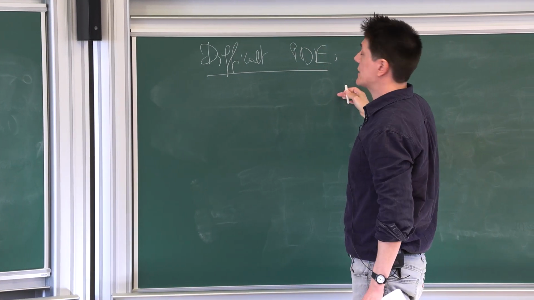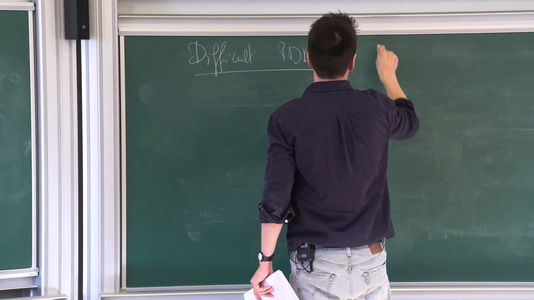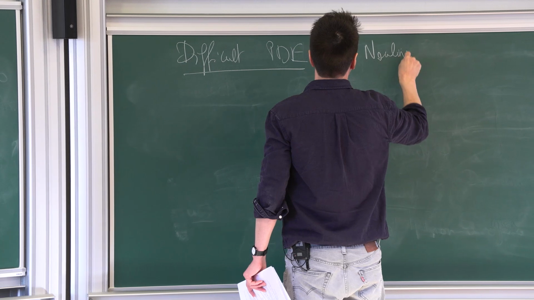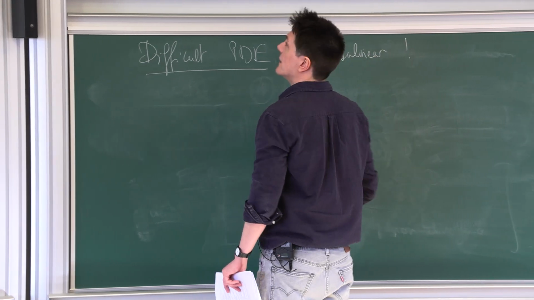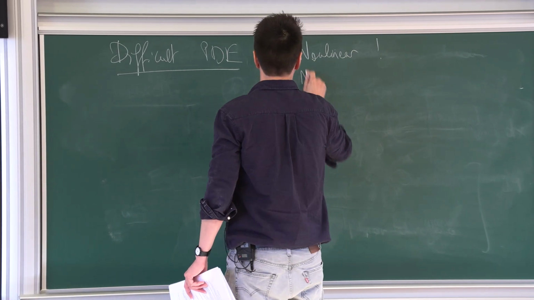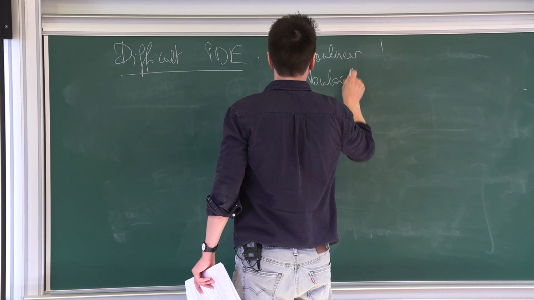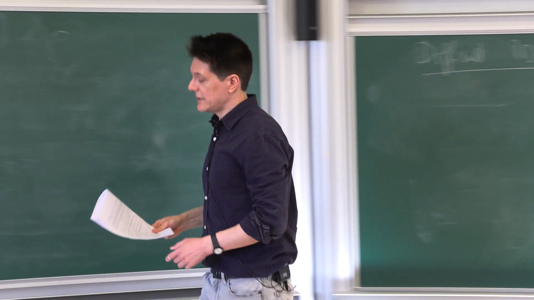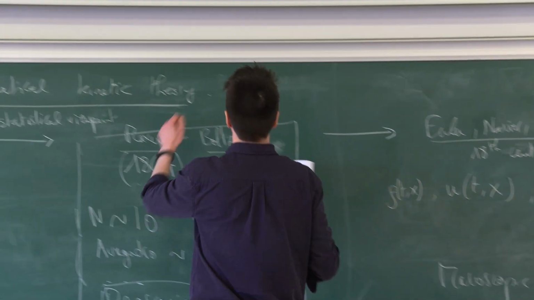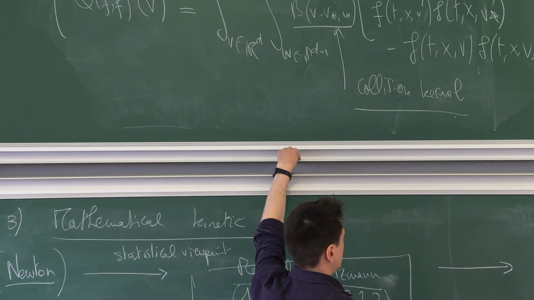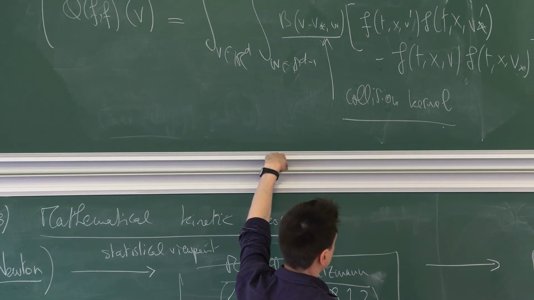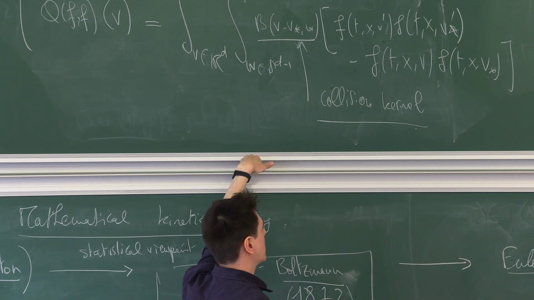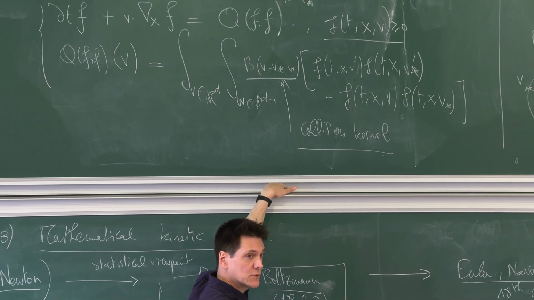Well, some structural arguments. You can see that it is nonlinear. Well, it's actually bilinear. You can see that it's non-local. And annoyingly, it's non-local in a way that is hard, and in some sense it's not non-local enough that it would help you.